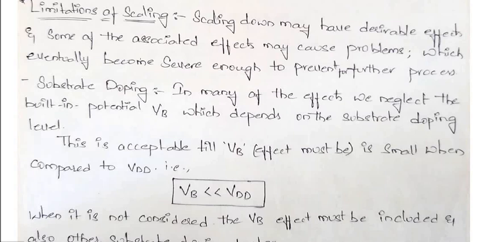I'll list out some of these limitations. The first is substrate doping, meaning how much doping is done; if you limit that, you will get some potential problems, and potentials are nothing but voltage problems. The second is depletion width; the depletion layer width is important, and you may get a problem there also.